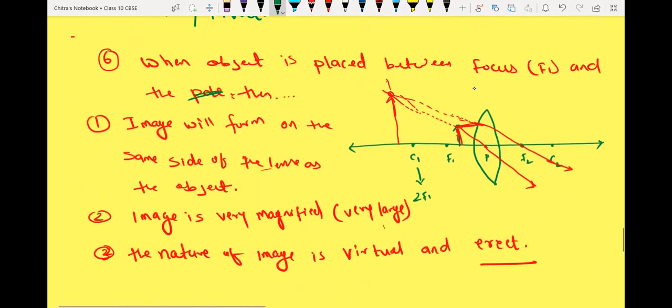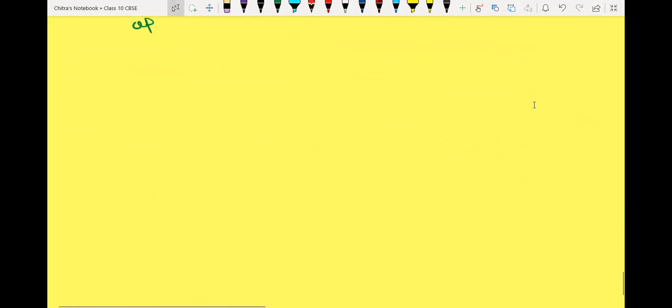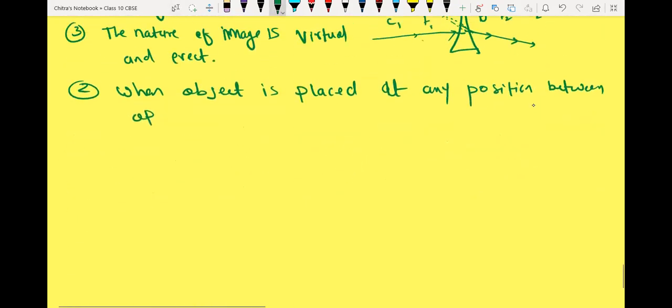Pole is used in the case of a mirror. So at any position between the optical center and infinity, not at infinity.